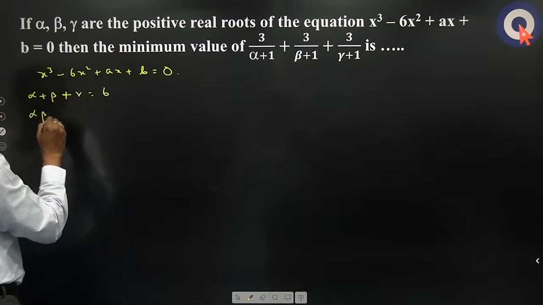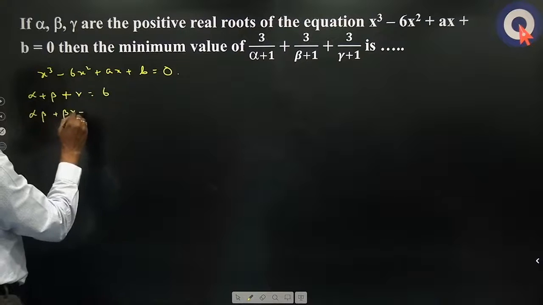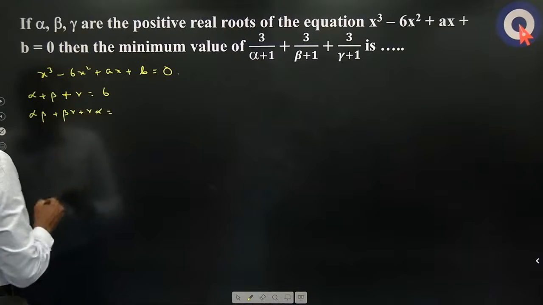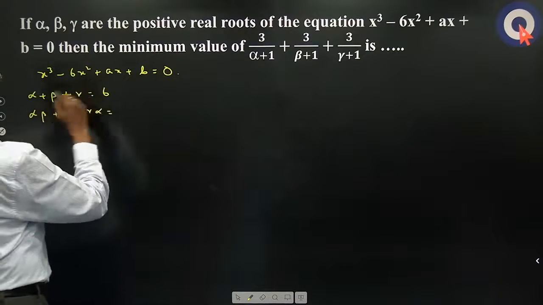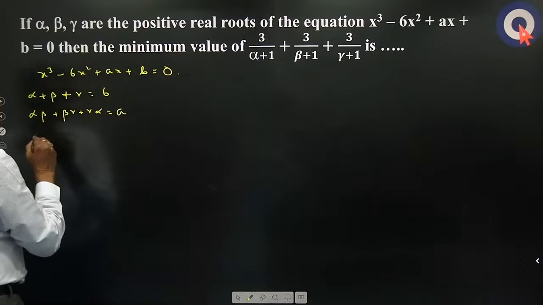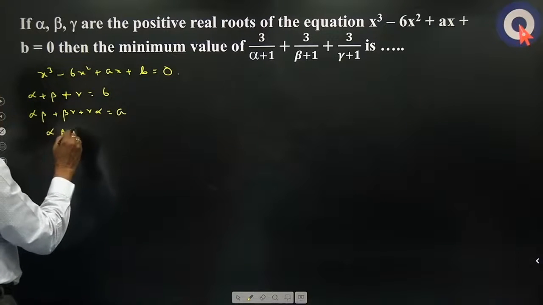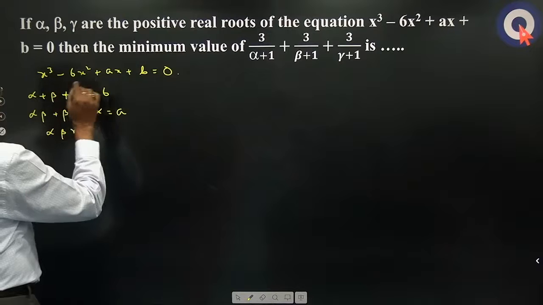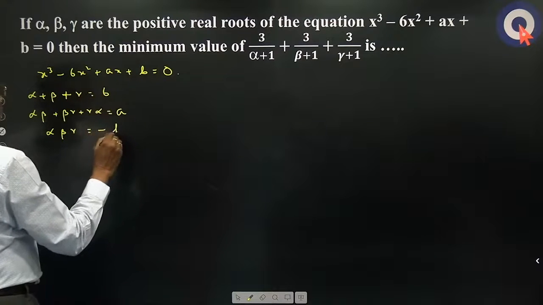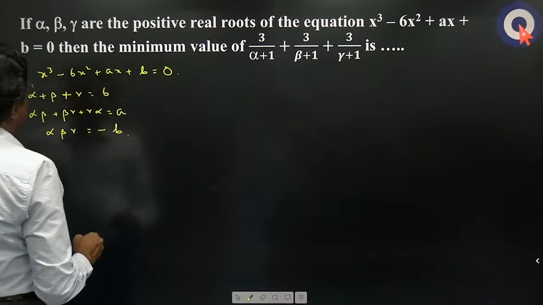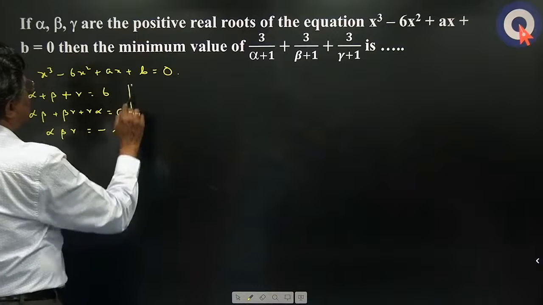Alpha beta plus beta gamma plus gamma alpha is equal to c by a, which is a. And alpha beta gamma is minus b. All right. Let it be like that.